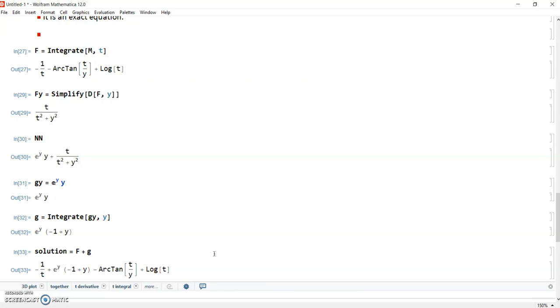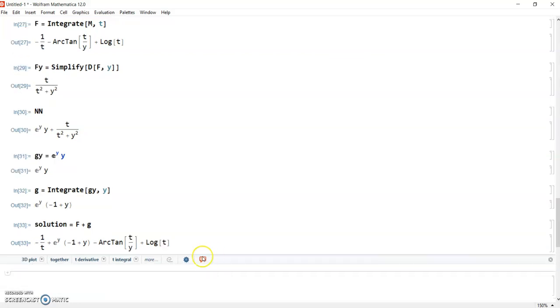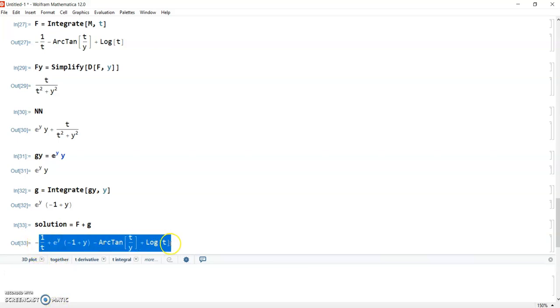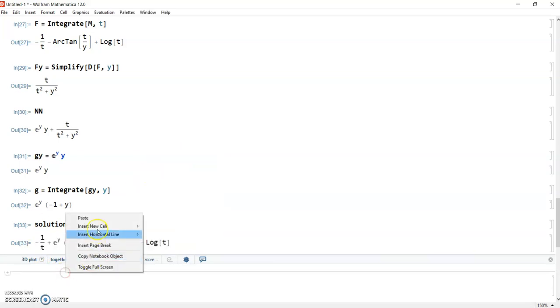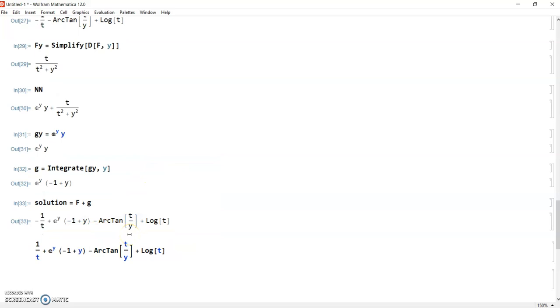So this is the format in Mathematica. And also don't forget to put that equal to c. In this case the final solution will be in the form of an equation. So maybe you can just manually put it like equal to c.